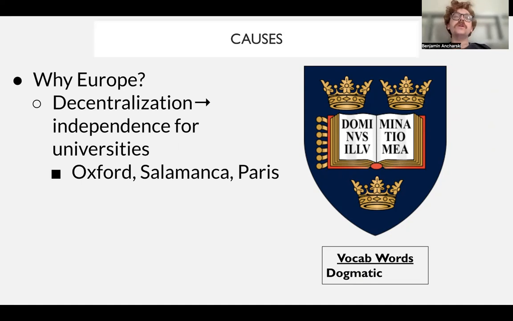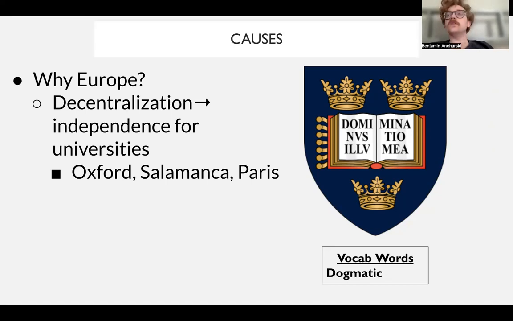So, the ability to pursue whatever you wanted at these colleges is going to be a big reason why we will see the scientific revolution. Because the only institution that might have regulated intellectual developments at these places was the Catholic Church.